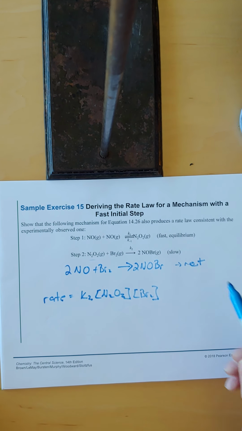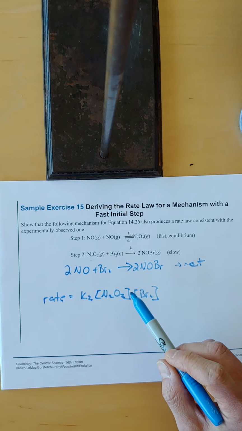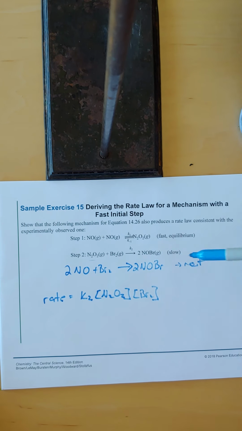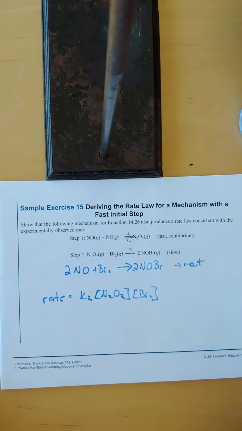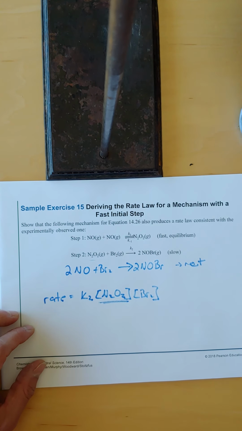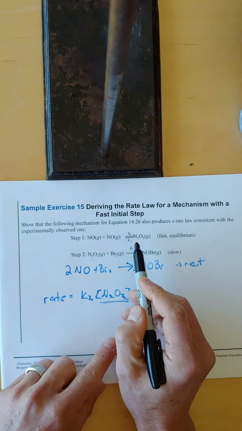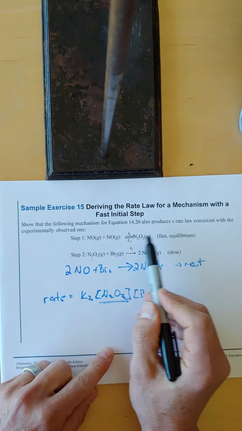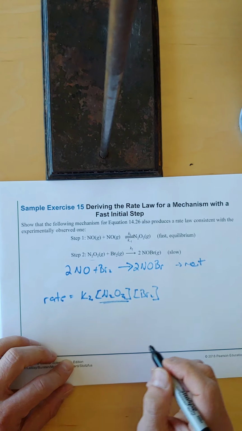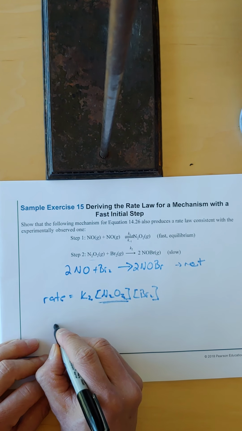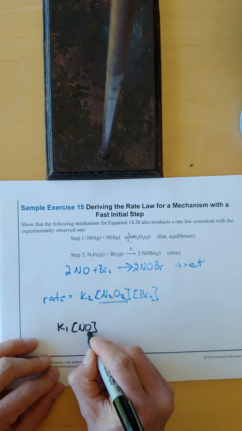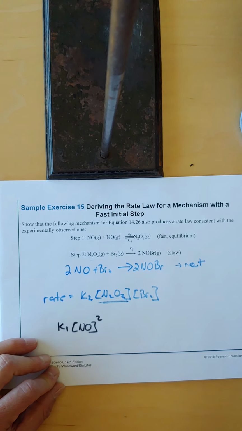So we have to get the concentration of N2O2 in terms of either one of the initial reactants or the products, because the N2O2 doesn't show up in my net equation. So we have to isolate that and get that concentration. Well, if I look at my first reaction, I've got a forward reaction and a backwards reaction, and so the forward rate is equal to the backwards rate. My forward rate is going to be k1, that's my forward rate constant, times the concentration of NO squared, because it's NO and NO, so it's bimolecular.